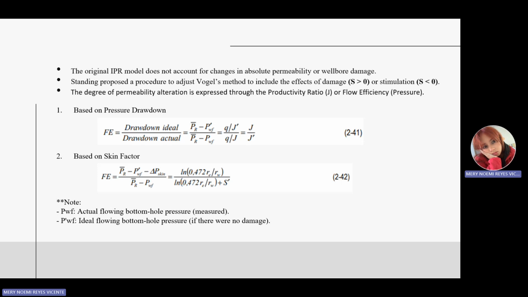Alternatively, as seen in equation 2.42, we can calculate FE using the skin factor and the reservoir geometry. Simply put, FE tells us how much of our reservoir's potential we are actually capturing.